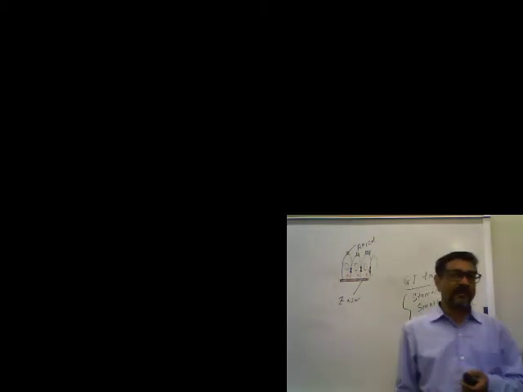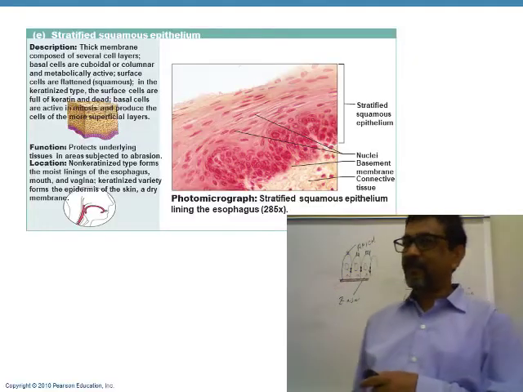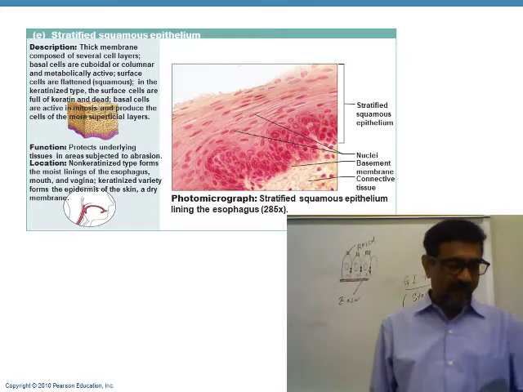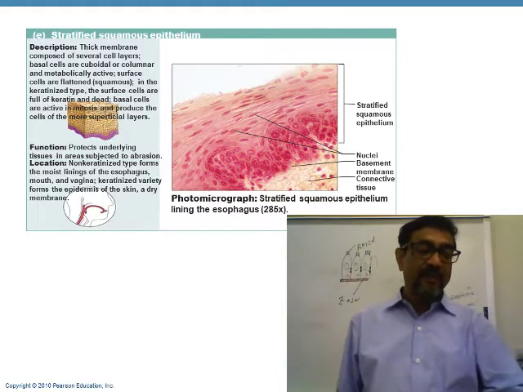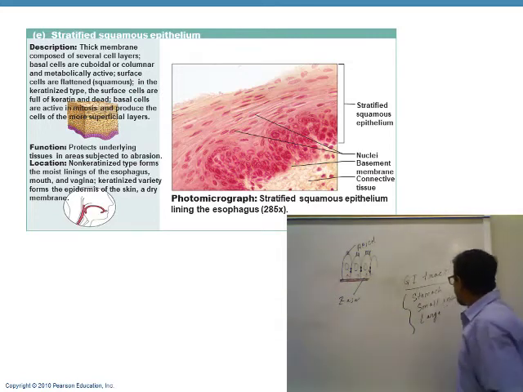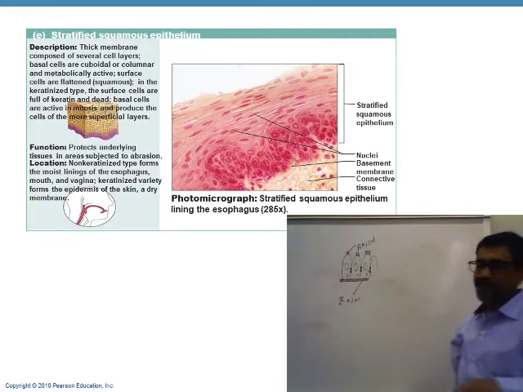Stratified squamous, many layers of flat cells, you can see here, many layers of flat cells. That's why it's called stratified squamous. Now, there are two types of stratified squamous.